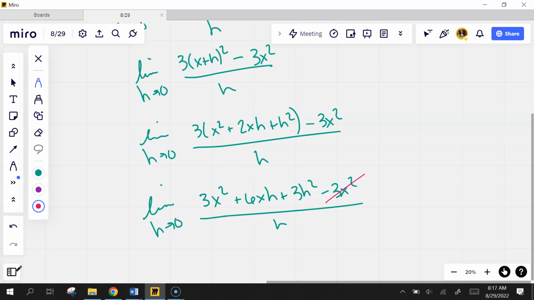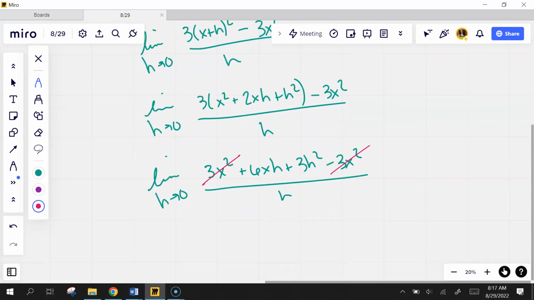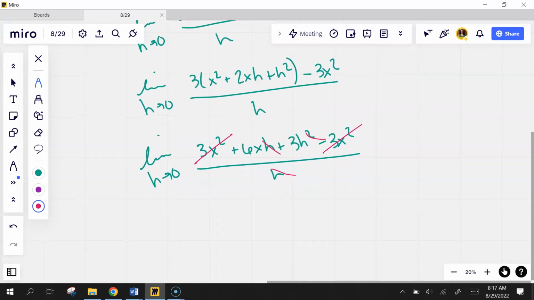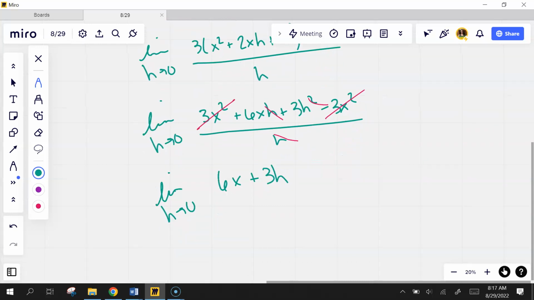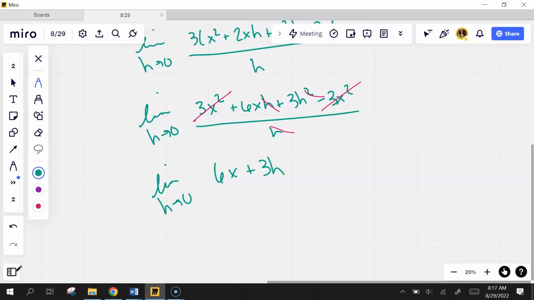My 3x squareds cancel, and now everybody has an h that they can give up, right? Here, here, and here. Which is nice because now I don't have one in the bottom, so I should be able to sub in now 6x plus 3h. Did you have a question? Oh, okay. I can put the 0 in and I end up with 6x. So the derivative of f is 6x.